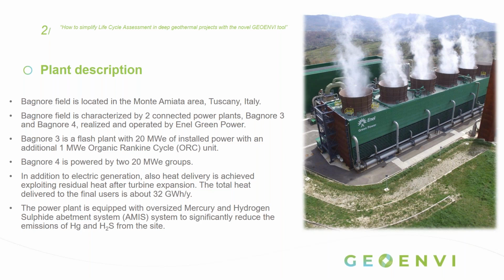In addition to the electricity generation, the residual heat after the turbine expansion is also recovered and provided to the final user. It is important to highlight that the power plant is equipped with a mercury and hydrogen sulfide abatement system, which significantly reduced the emission of mercury and hydrogen sulfide from the site.